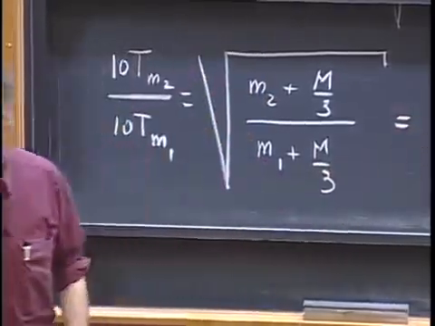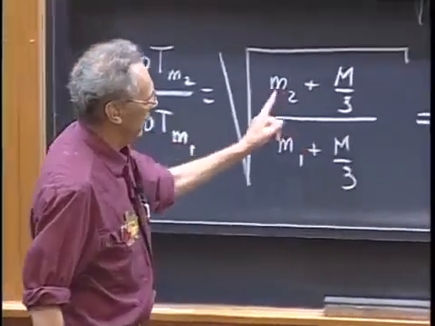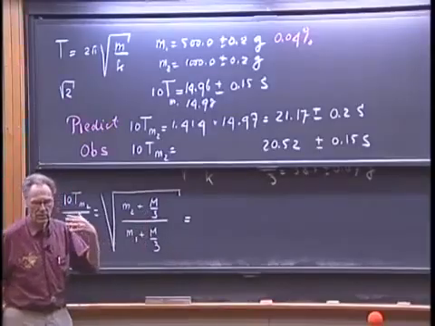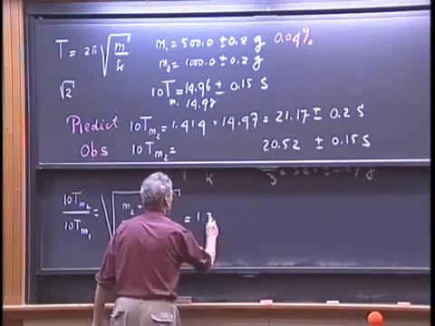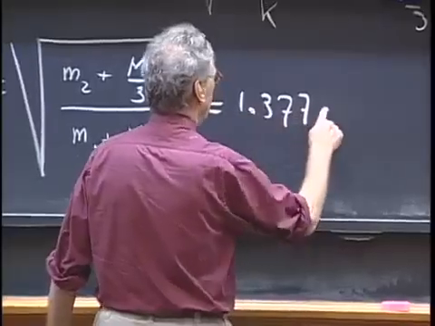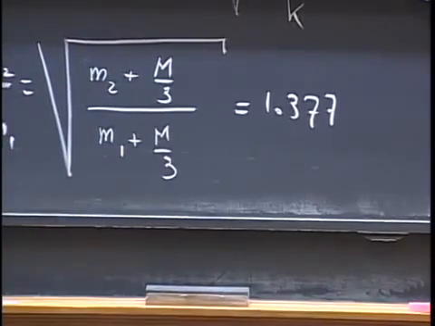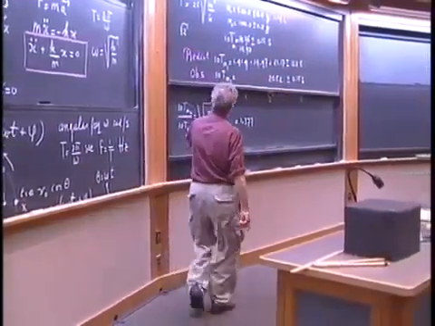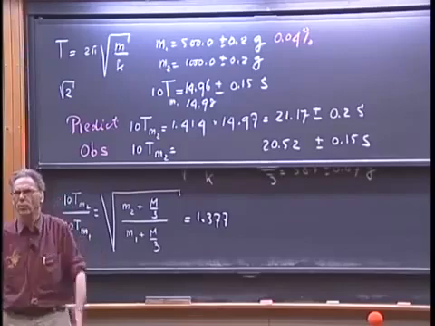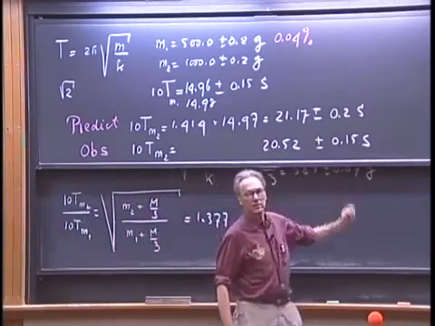And that number is easy to calculate because you know m2, you know m1, you know these numbers, and I have calculated it for you, and it is 1.377. And the uncertainty is so small compared to my timing uncertainty that I don't even have to allow for any uncertainty in that number. Because remember, the uncertainties in these masses was of the order of 0.1%. Compare that with the uncertainty in the observations of the time, which were closer to 1%.